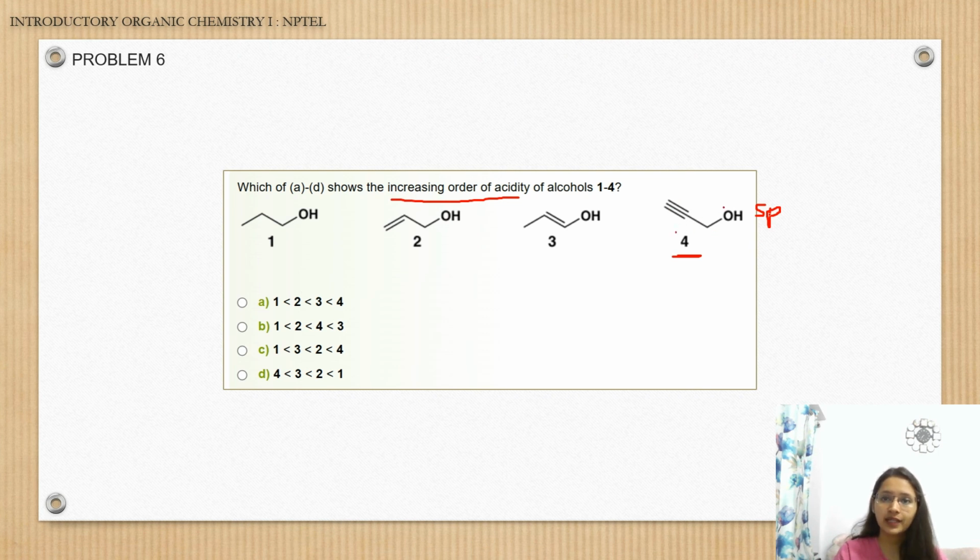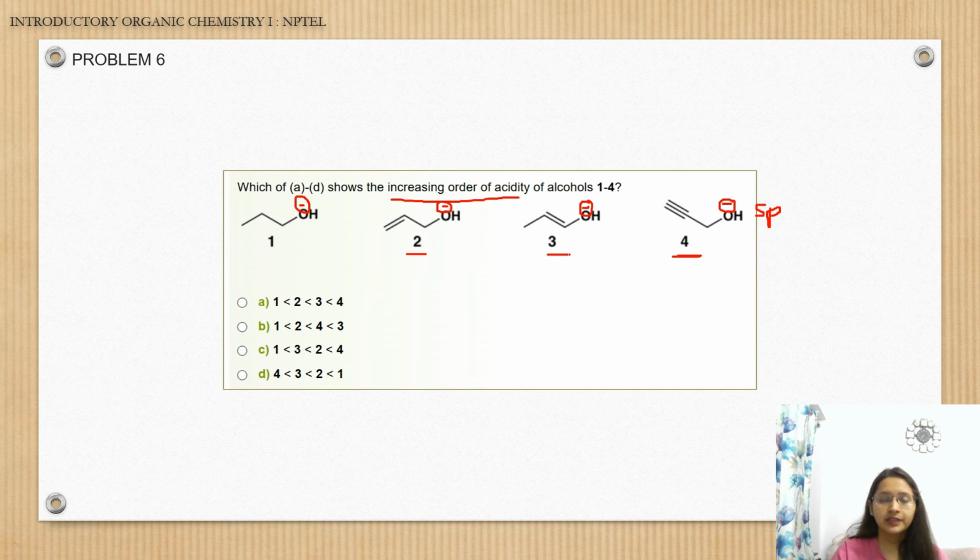Here, after removal of the proton, an oxyanion is formed. In each case, this oxyanion is formed after removal of one proton. So you have to see which carbon stabilizes this oxyanion more. In the case of 4, the carbon is sp hybridized, and thus it stabilizes this oxyanion much more than sp2 and sp3. But when you compare 2 and 3, what happened?